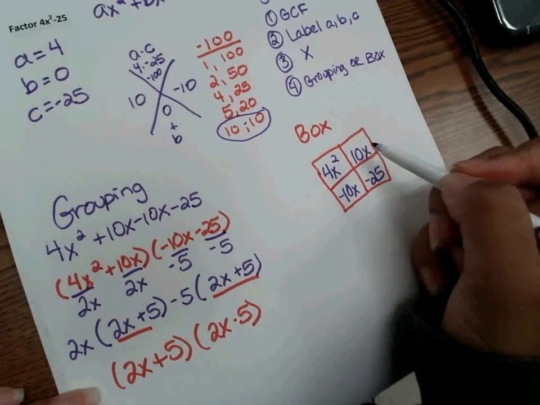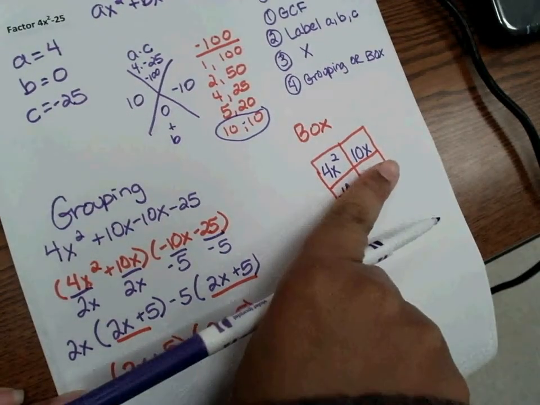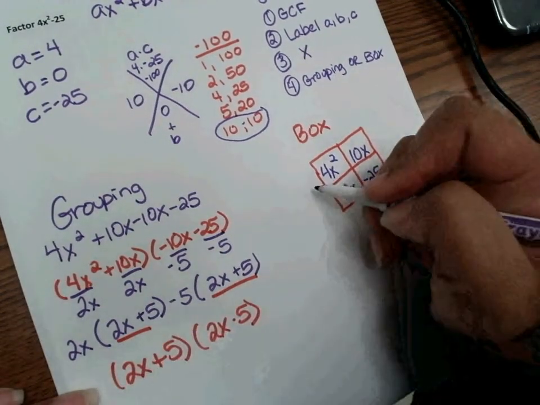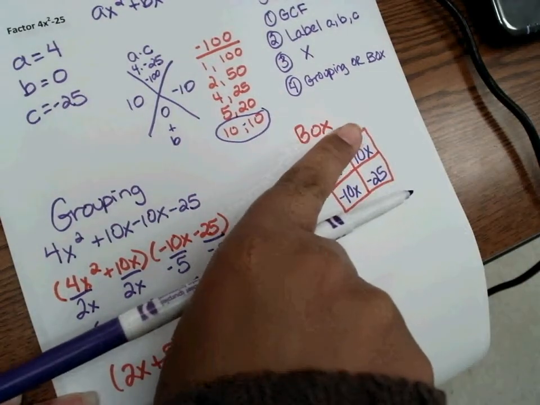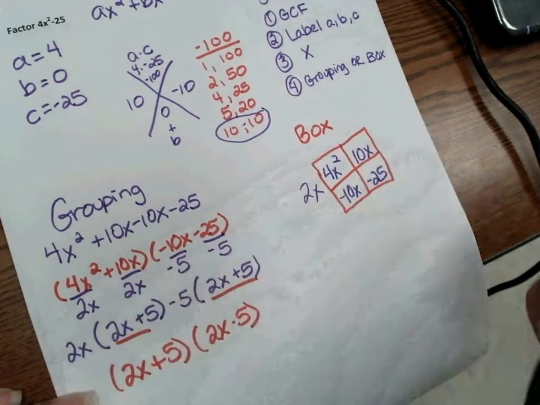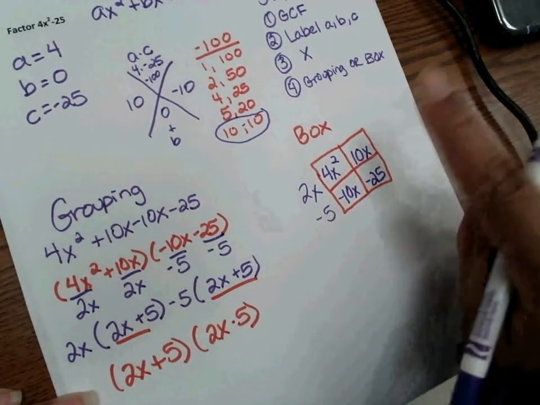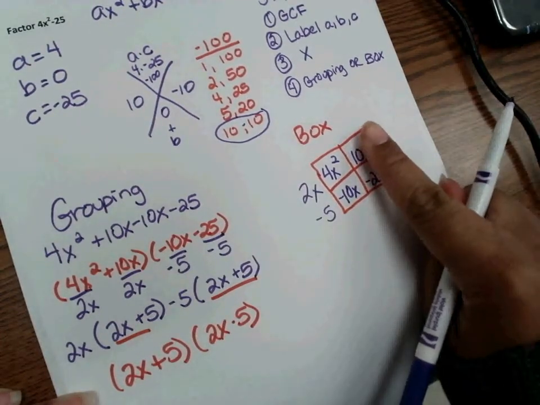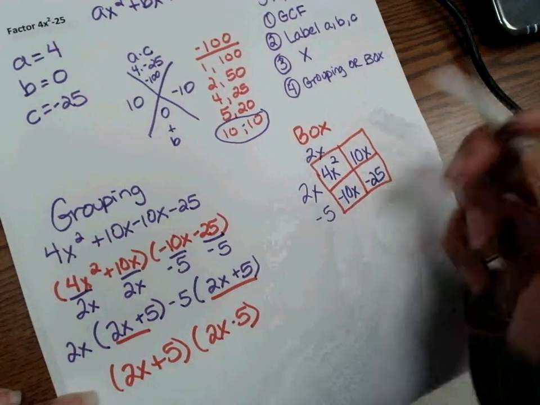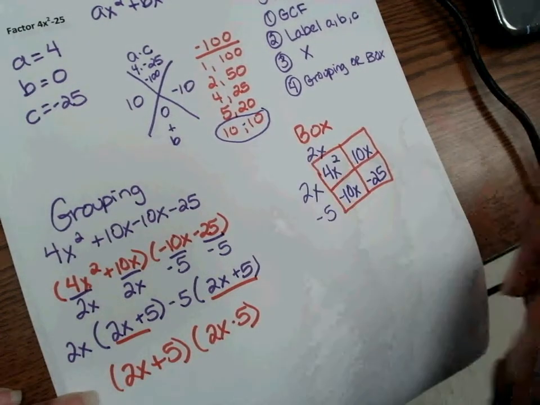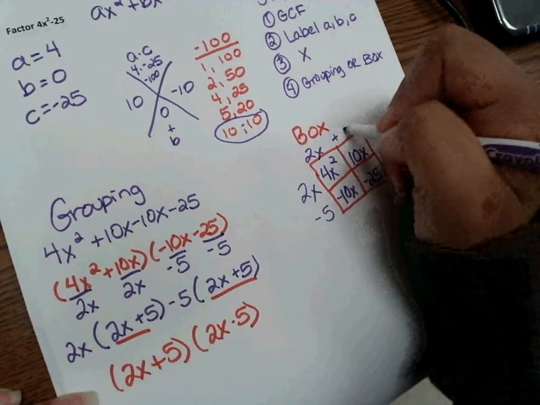From here, I look to see what they have in common. 4x squared and 10x have a 2x. Negative 10 and negative 25 have a negative 5 in common. 4x squared and negative 10x have a 2x in common. And positive 10 and negative 25 have a positive 5 in common.